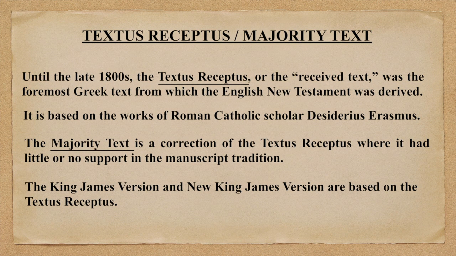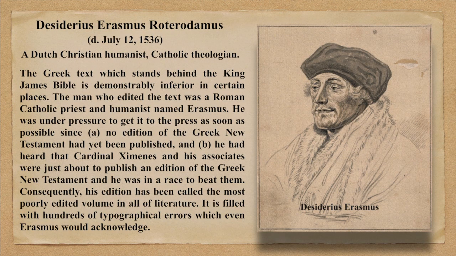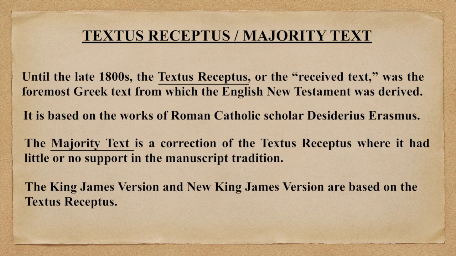The Textus Receptus and the majority text. Until the 1800s, the Textus Receptus, or the received text, was the foremost Greek text from which the English New Testament was derived. It is based on the works of Roman Catholic scholar Desiderius Erasmus. The majority text is a correction of the Textus Receptus, where it had little or no support in the manuscript tradition.